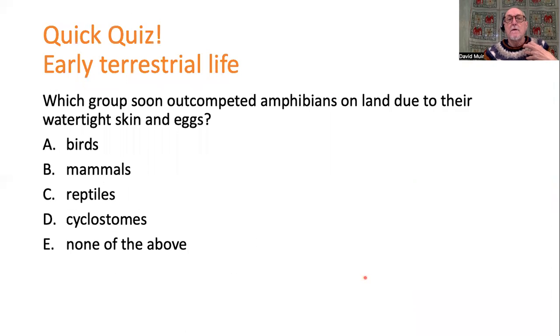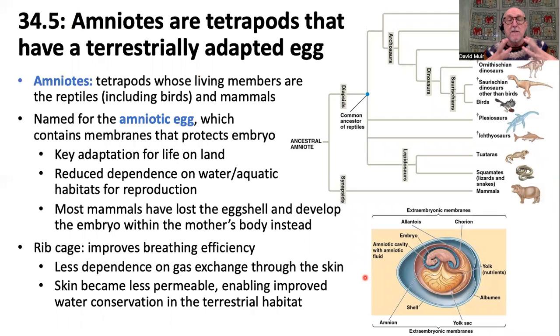And the next important development in the story of the evolution of the tetrapods was that there was a development of an egg which would resist desiccation, would resist drying out when it was laid up on land. And this is called the amniotic egg. It is named for the membrane which comes to cover the developing embryo.